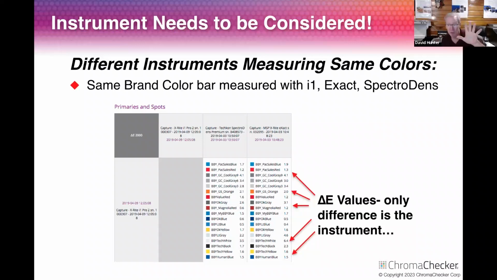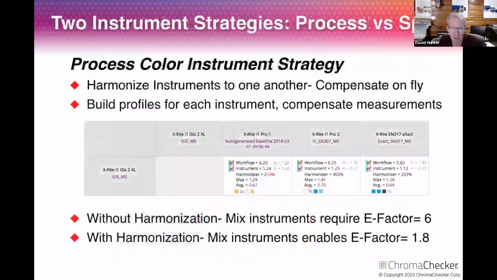Now, if you're dealing with a 5 E factor, you can probably live with most of this. But if you're trying to get to a 2 E factor, forget about it. You've got to be intelligent in terms of how you're going about setting up your instrumentation. And with ChromaChecker, we've actually built in this capability called harmonization, which helps compensate for the difference between instruments.